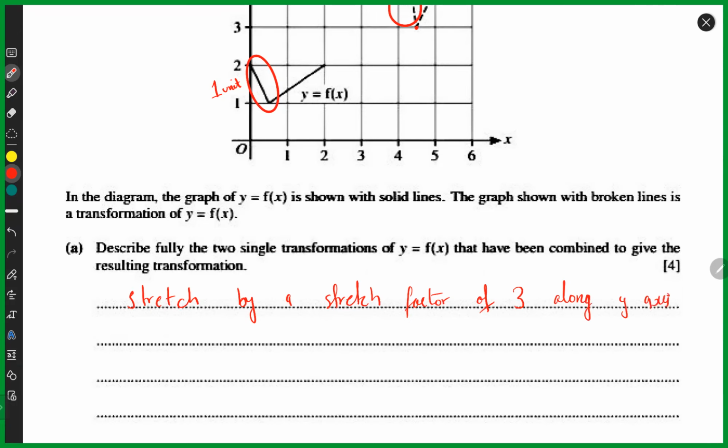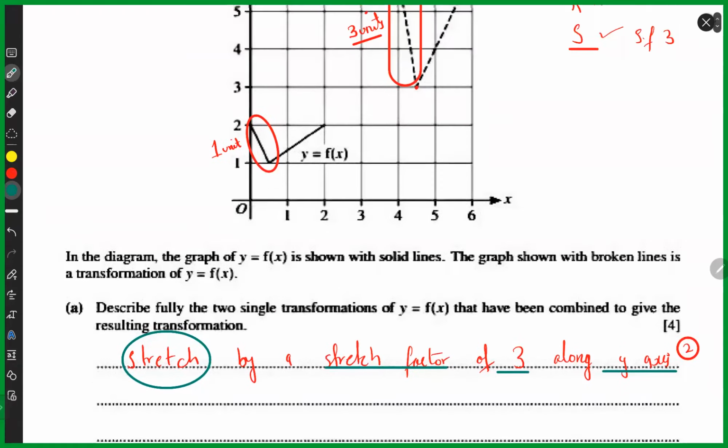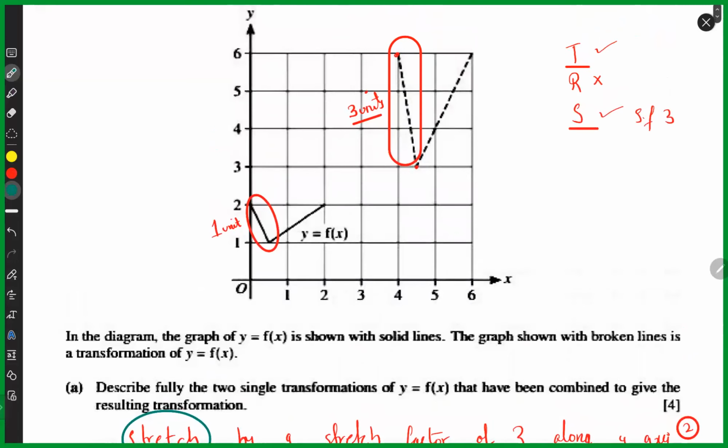This entire thing would give you 2 marks, and all of this is important. First of all, the transformation name, it's stretch, then the stretch factor, that was 3, and then if it is vertical or horizontal, so we've written along y-axis. This has just stretched this thing, and then we have shifted it.